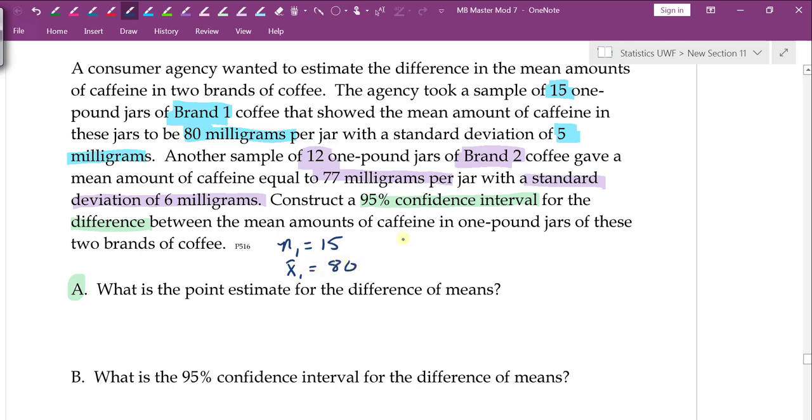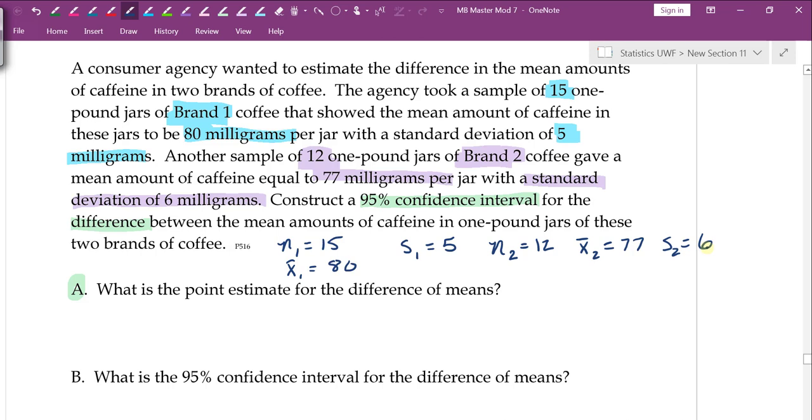And then we have s sub 1 is equal to 5. Then our sample size for population 2 was 12. x bar sub 2 is equal to 77.